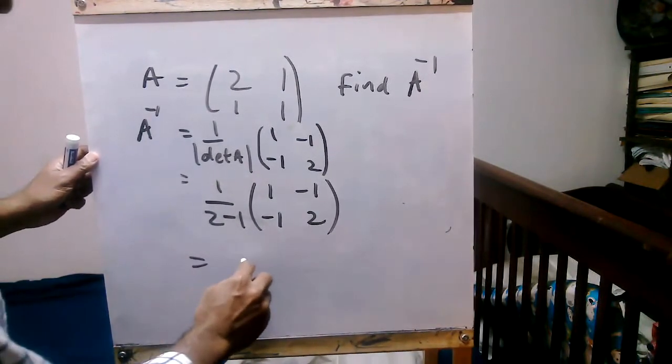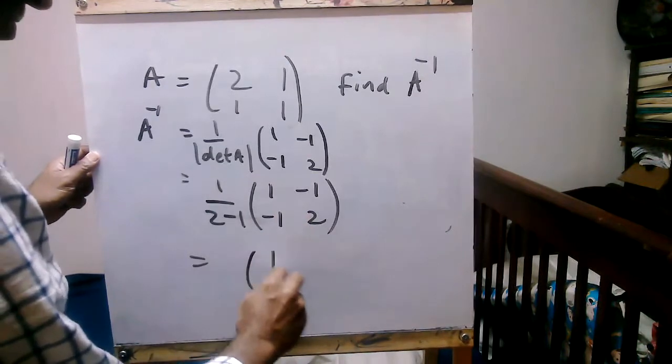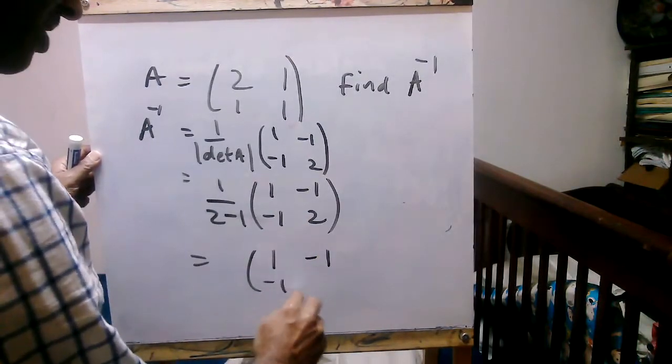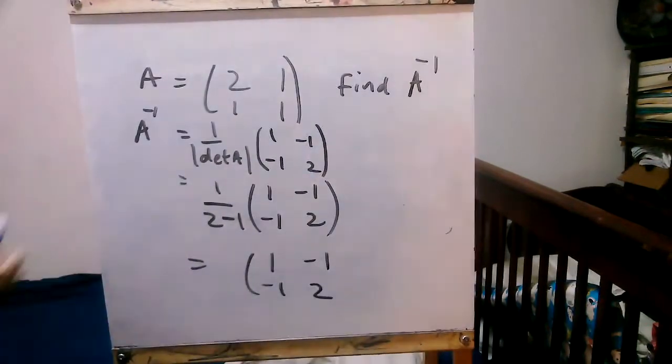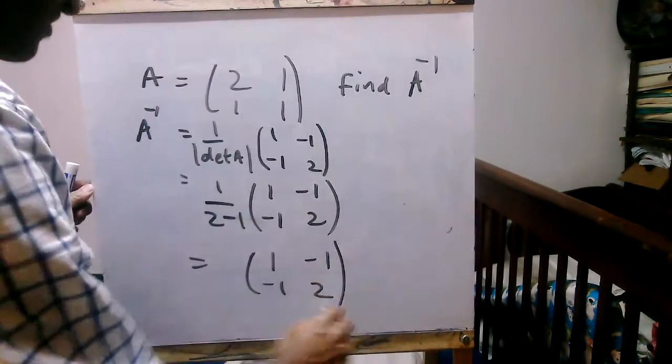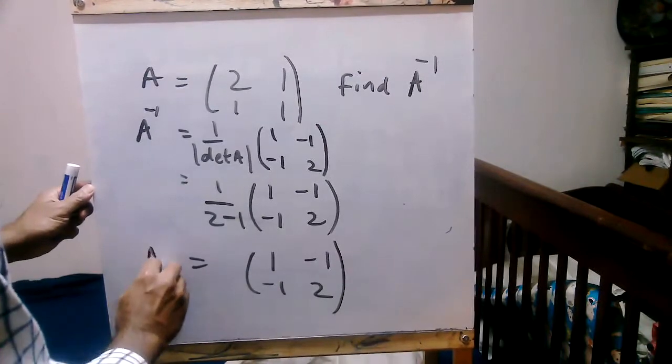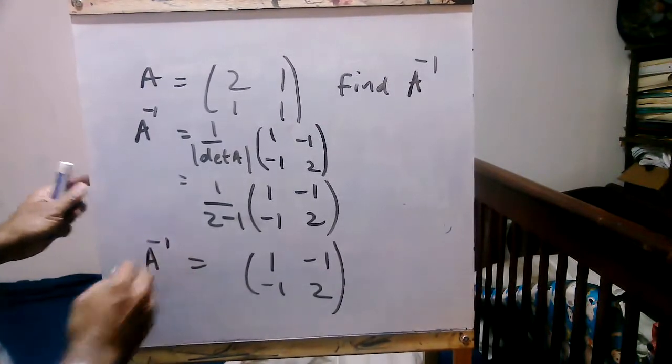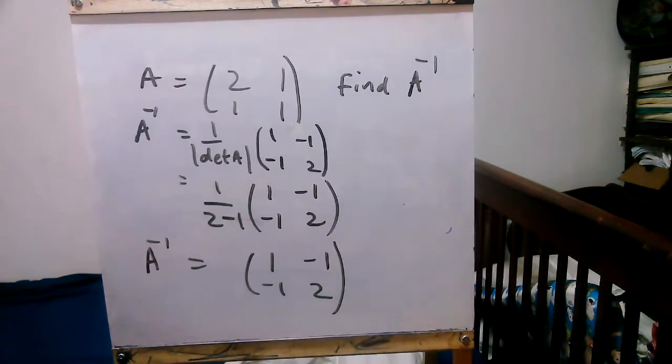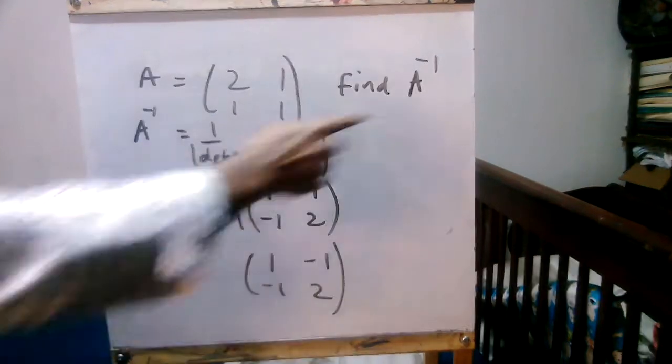We don't have to write that. Here we get 1 minus 1, negative 1, 2. Right? Okay, this is our A inverse. Clear? Now this is our A inverse. We found A inverse.